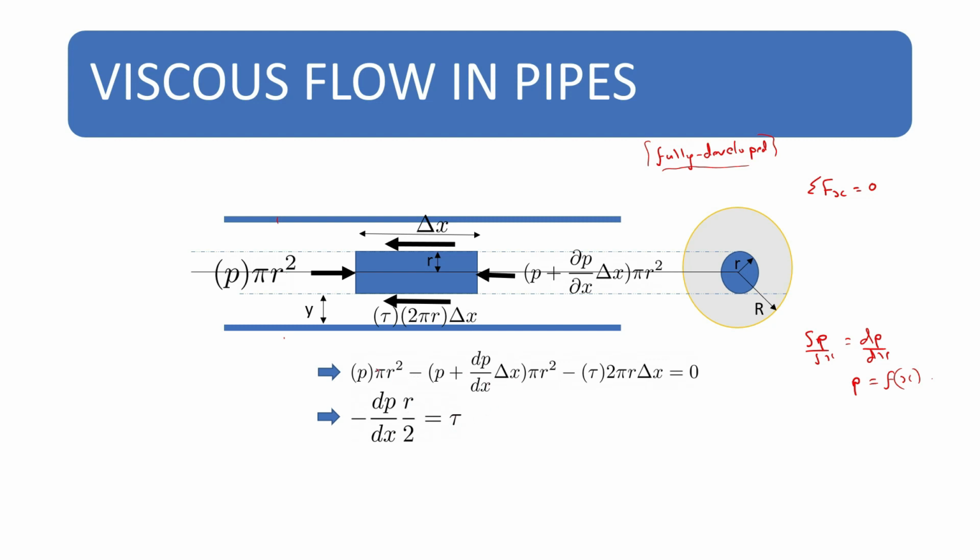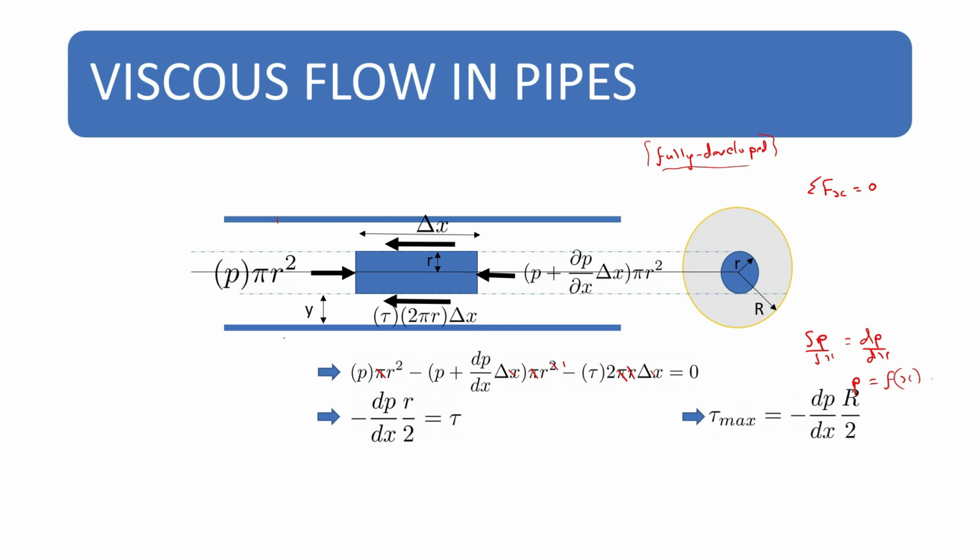You can cancel off the pi, P gets subtracted, r is reduced, delta x also gets cancelled. So you will get minus dP by dx into r by 2 is equal to tau.